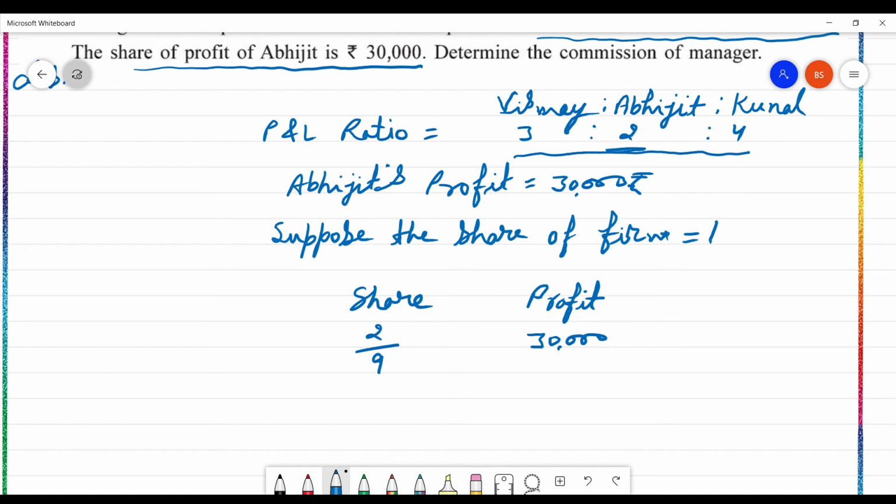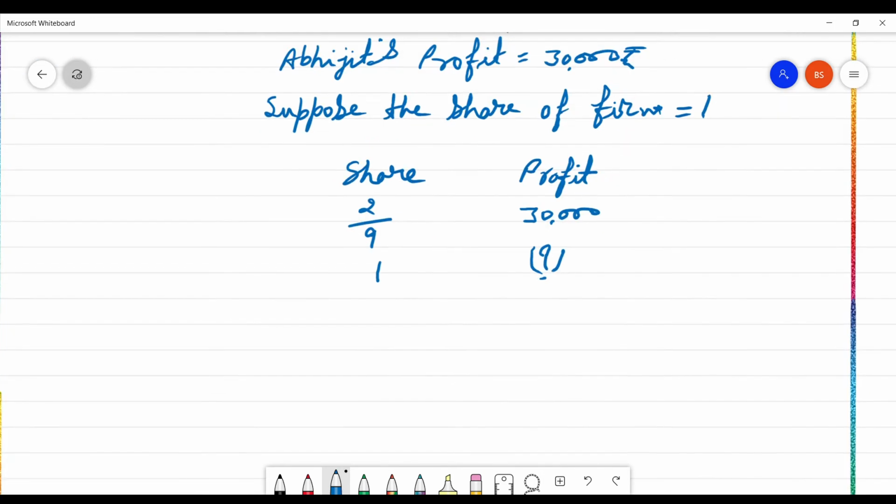When the share is 1, profit is how much? So we will get firm's profit. Do the cross multiplication: 30,000 into 1 divided by 2/9.